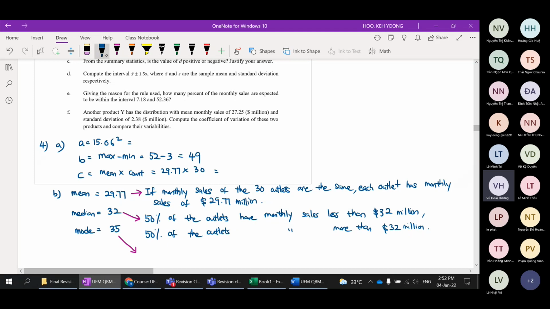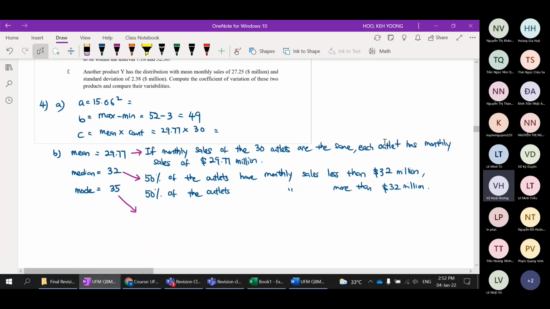Mode is the highest frequency of the monthly sales, which means most of the outlets have monthly sales of $35 million.